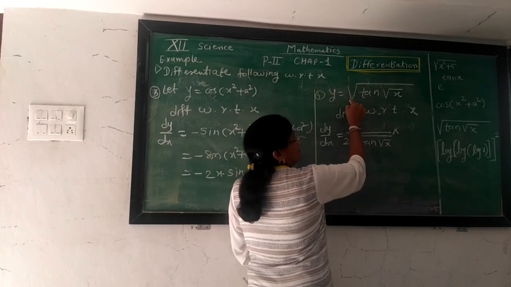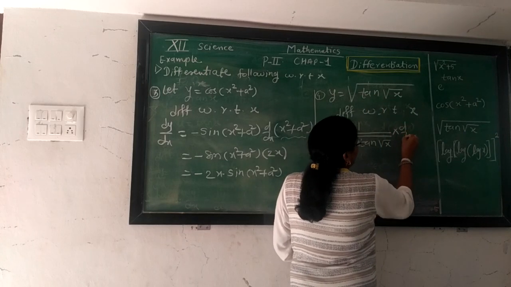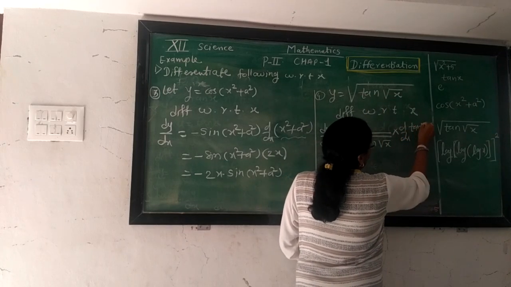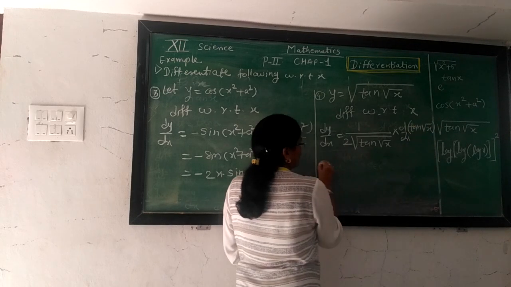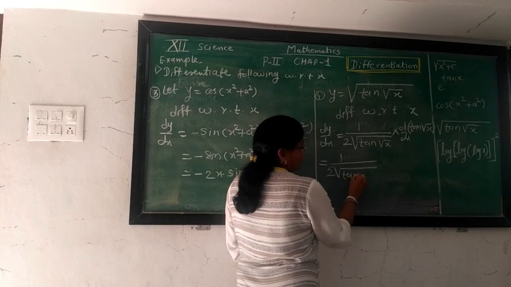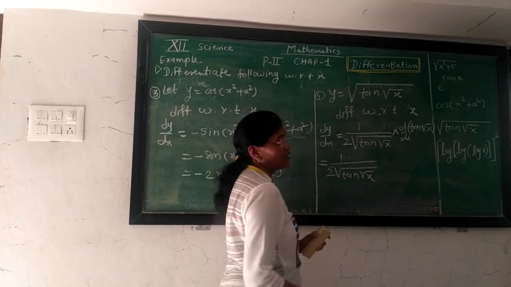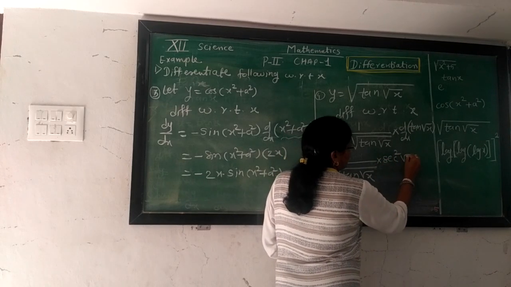Now the derivative of this root is over. Now we take the derivative of tan, means multiply d by dx of tan of under root x. So first take 1 upon 2 times root of tan root x. Now multiply the derivative of tan, that is sec square root x.